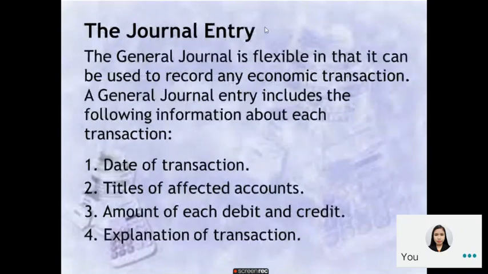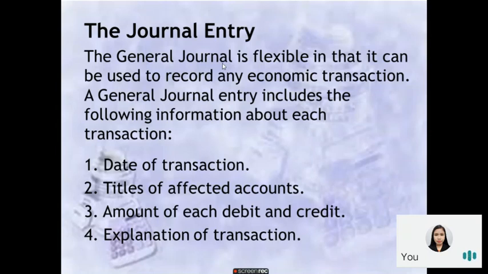The journal entry. The general journal is flexible in that it can be used to record any economic transaction. A general journal entry includes the following information about each transaction. When we say journal entry, it is composed of the complete set of entries in the journal per transaction.